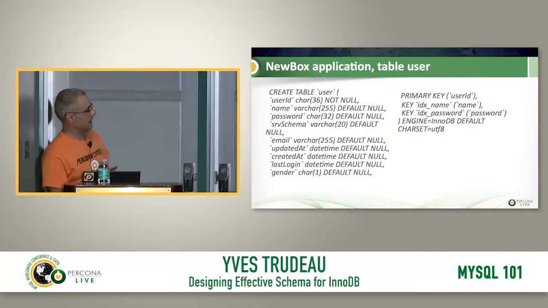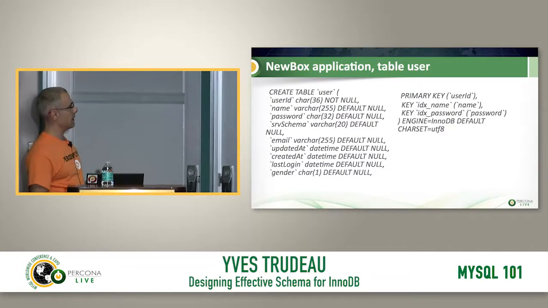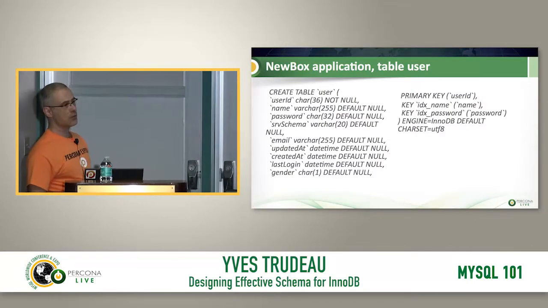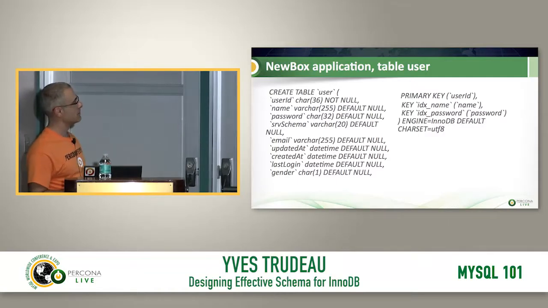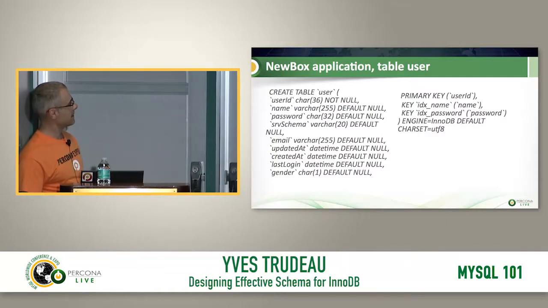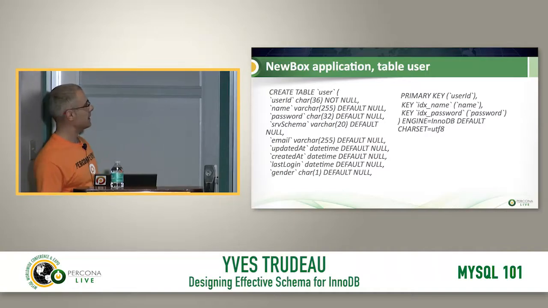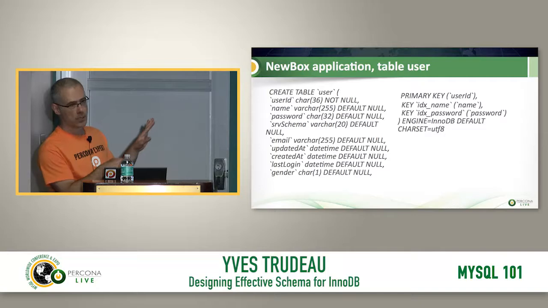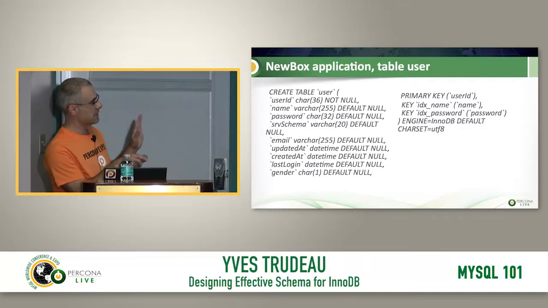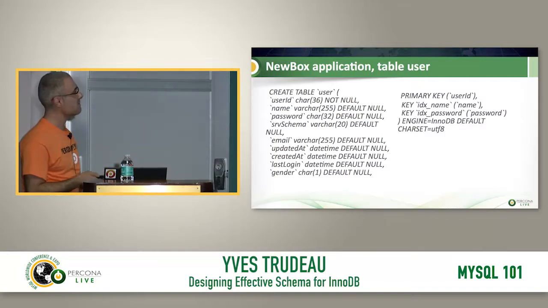So I learned at school that UUIDs are very useful. They never collide, they're unique, it's a huge key space. So I decided to use UUID as a primary key. But never copy that. It's the worst schema you can imagine, so don't do that.